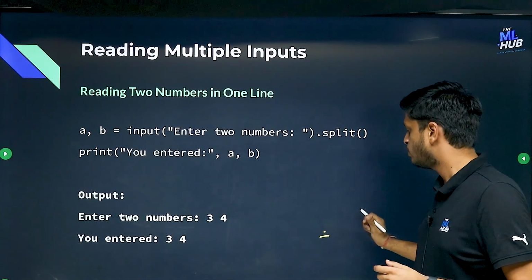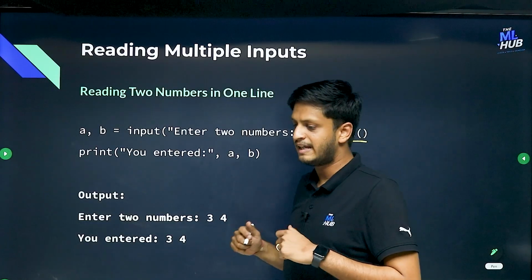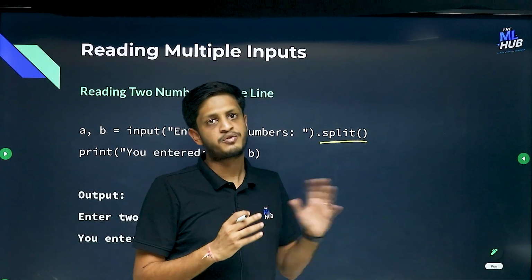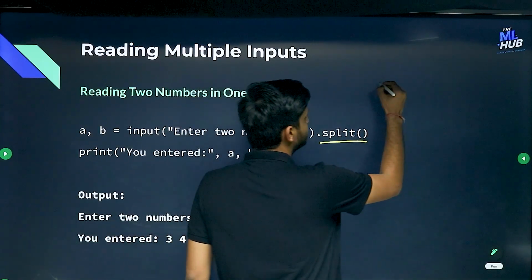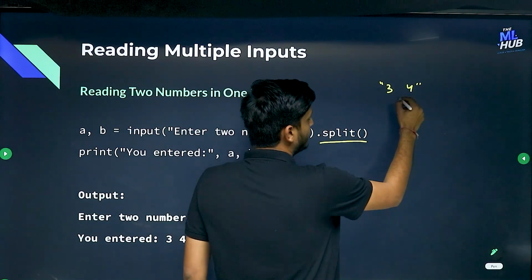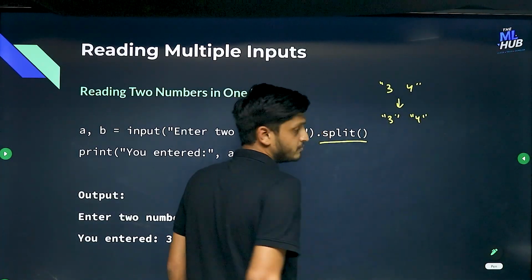To do that, you can use the split function. We will see the split function in detail when we discuss strings. What it does is it splits the string. So for example, there is a string, let's say 3 space 4, and you want to convert it into two strings, 3 and another string 4, right?